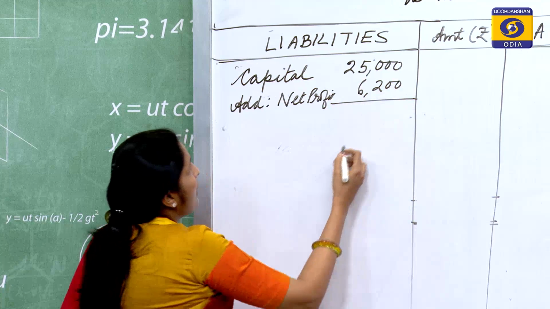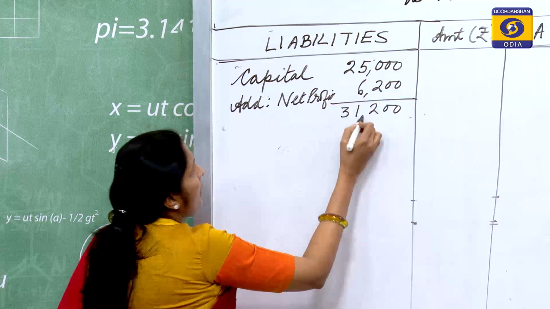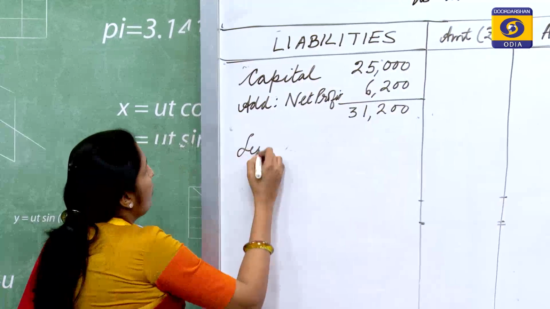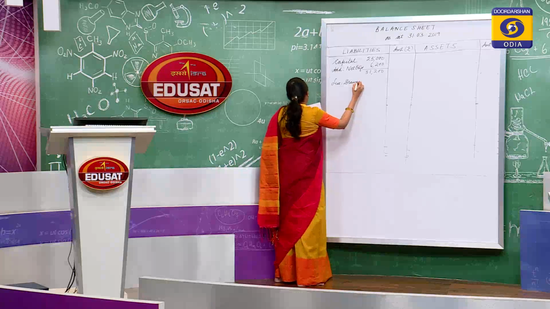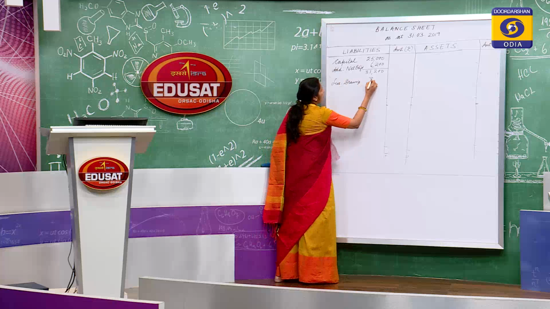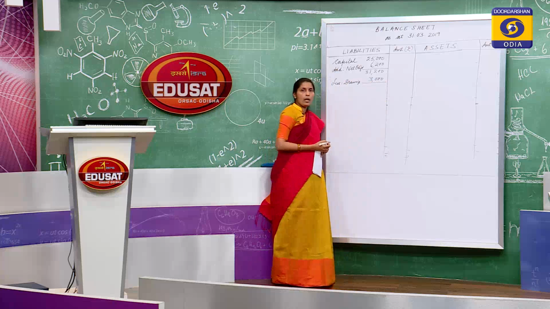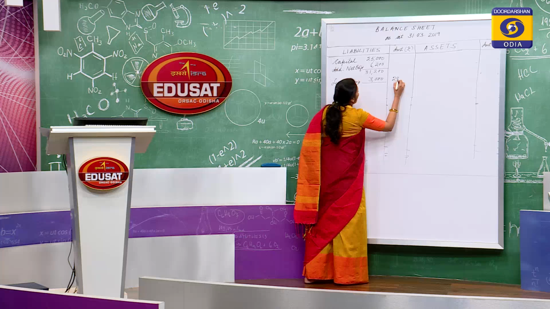So the total is 31,200 less drawings. We will deduct the drawings from here. The amount of drawings given to us is 3000. So, 31,200 minus 3000, that is 28,200.